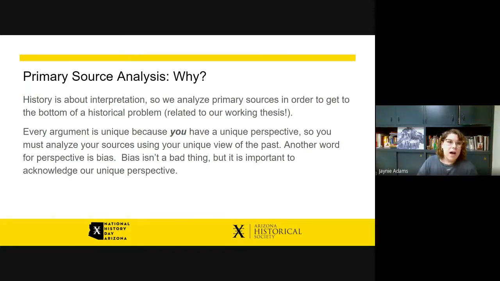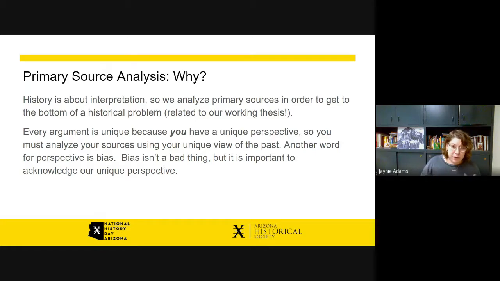Okay, so primary source analysis. Why? History is about interpretation, right? History is not about facts and dates and figures. It's about interpretation. So we analyze primary sources in order to get to the bottom of a historical problem that's related to our working thesis that we've already drafted. Every argument is unique because you are unique and have a unique perspective, so you have to analyze your primary sources using your unique view of the past.